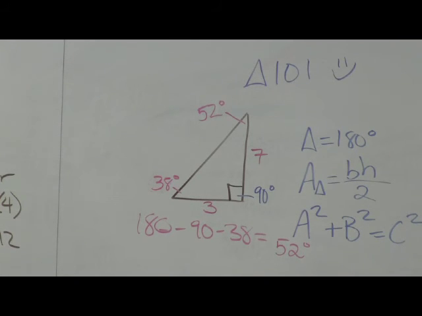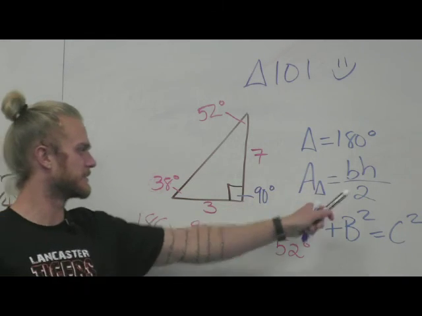You say 7 times 3 divided by 2. Base times your height divided by 2.